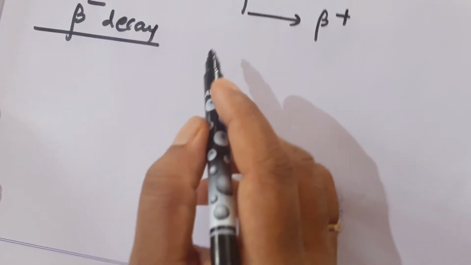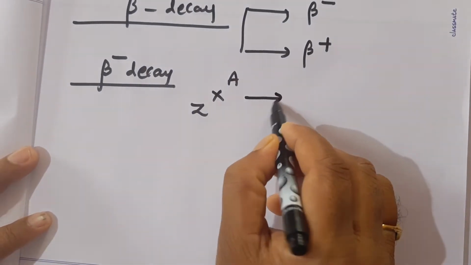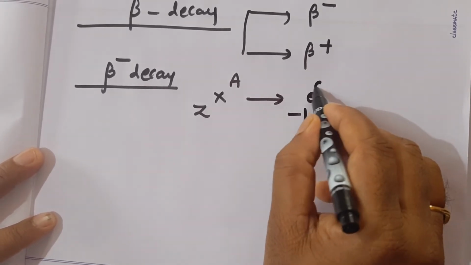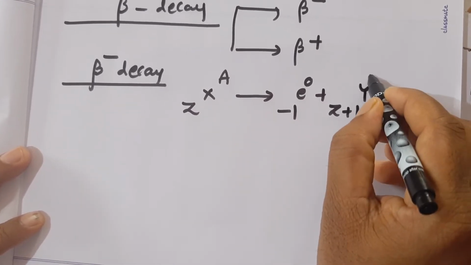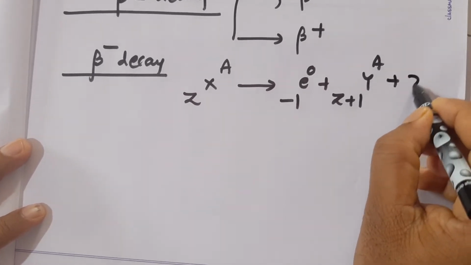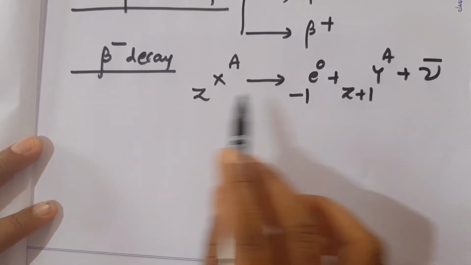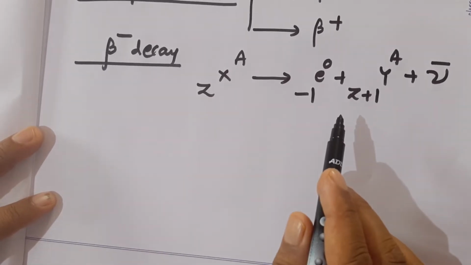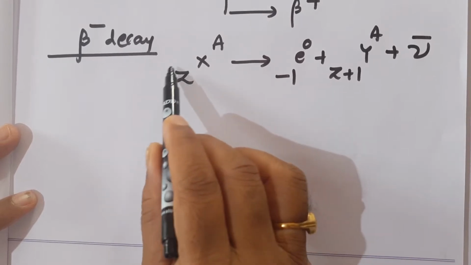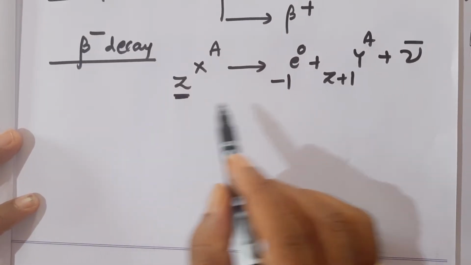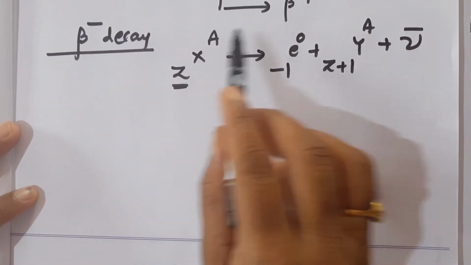Here the equation can be represented as ZXA gives rise to electron plus Z plus 1 YA plus antineutrino, nu bar. Here also the charge is conserved and the mass number is also conserved. On the left side of the equation, Z is the number of protons; on the right, minus 1 plus Z plus 1 gives Z, and the mass number A is A.